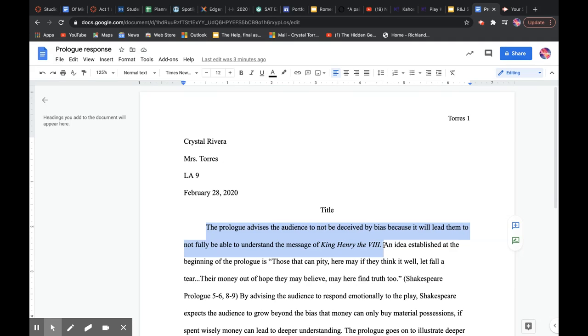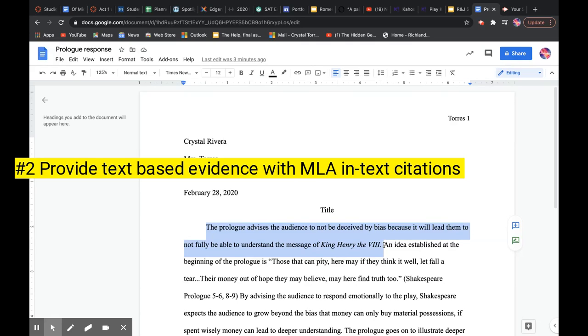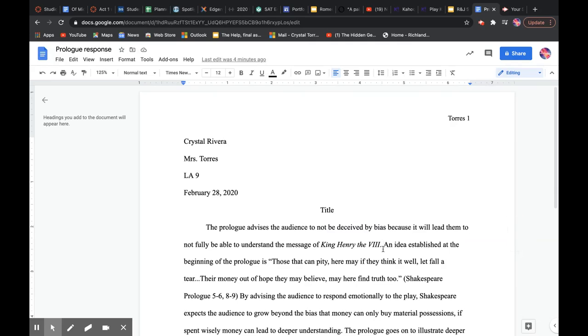Step two now is to provide text-based evidence, quotes from whatever it is that you're referencing that supports your answer to the question. So I need to find quotes that show that the audience should not be deceived by bias. So once I find my quote, I establish a good starting point for it, especially if it doesn't fit perfectly into my essay.